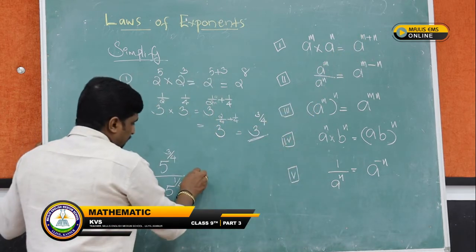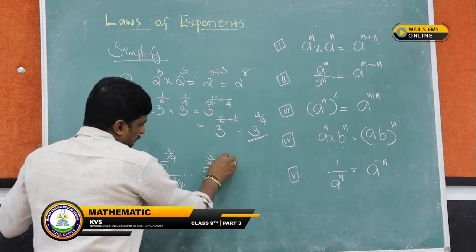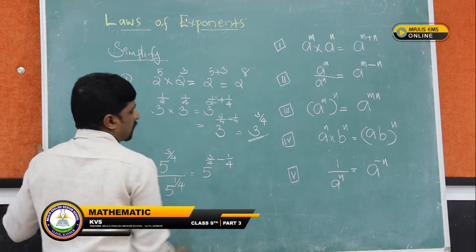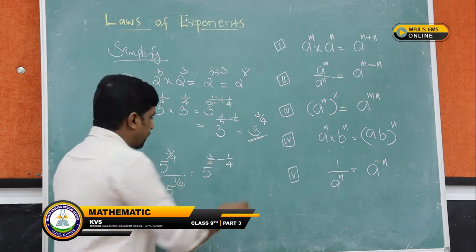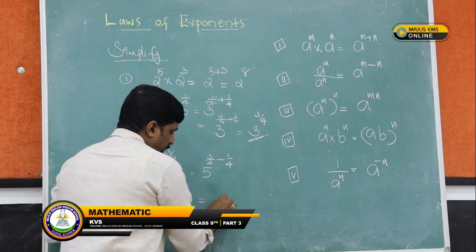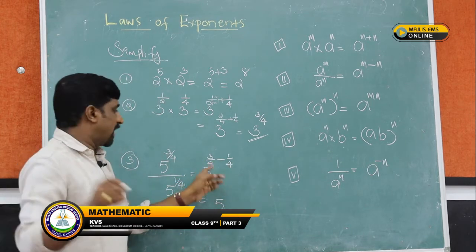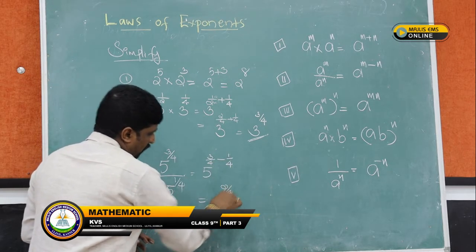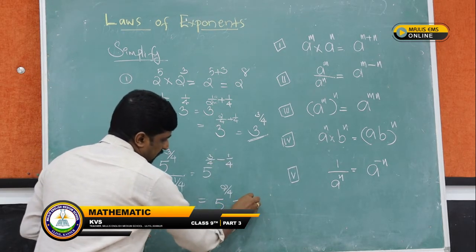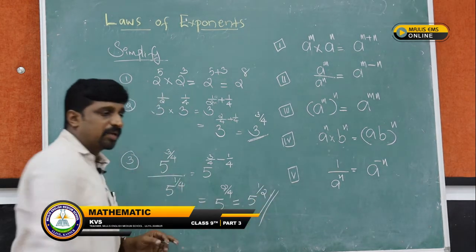Okay, and here 5 raised to 3 by 4 minus 1 by 4. Here division is there, that can be changed in the exponents, that is subtraction. For 5 raised to 3 by 4 minus 1 by 4, the same denominator is there, we can directly subtract. 3 minus 1, 2, that is 2 by 4. And we simplify, we got the answer 5 raised to 1 by 2. We got the answer like this.